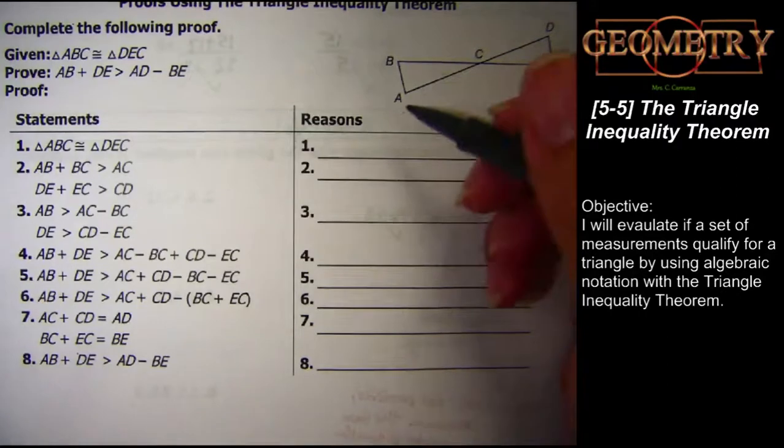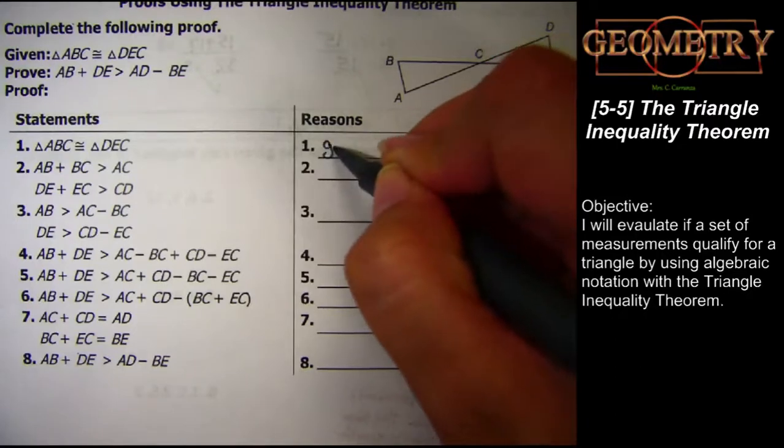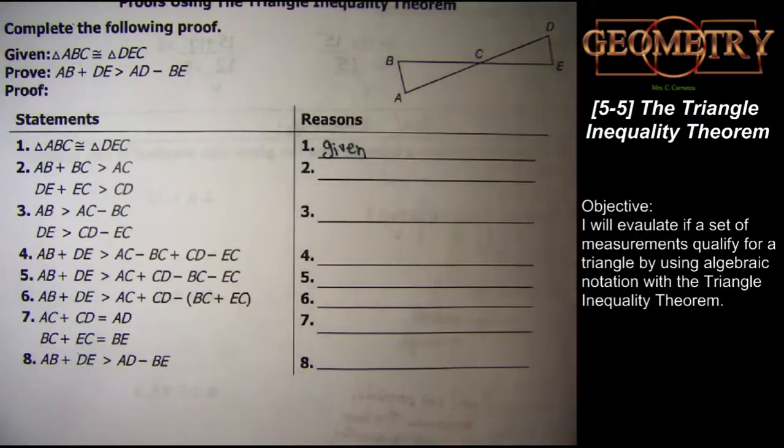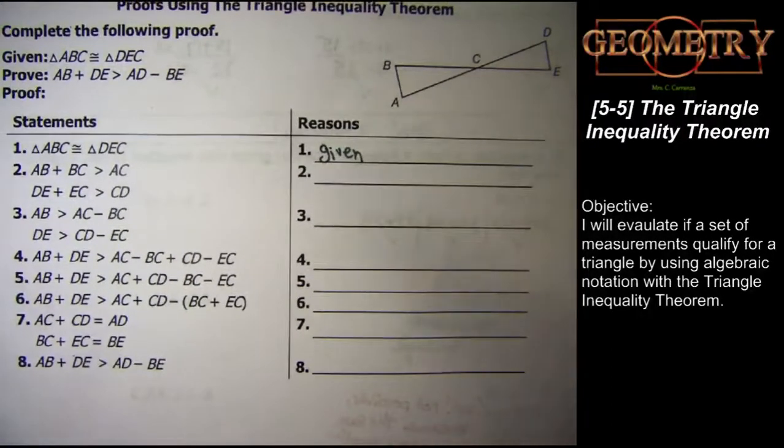All right, statement number 1. Triangles are congruent. The reason? Given. Statement number 2. AB plus BC is greater than AC. All right, let me get some colors going so that I can more easily identify what they're talking about.